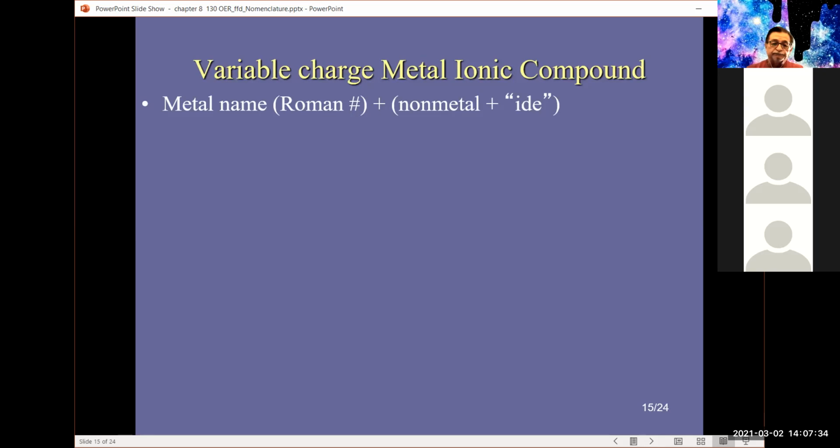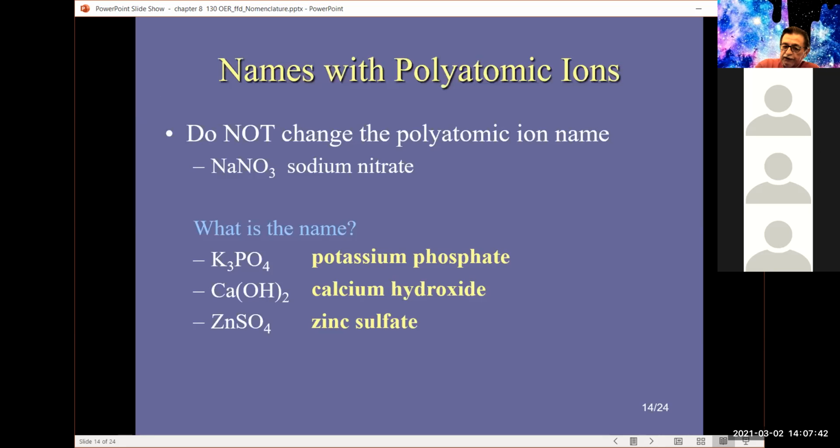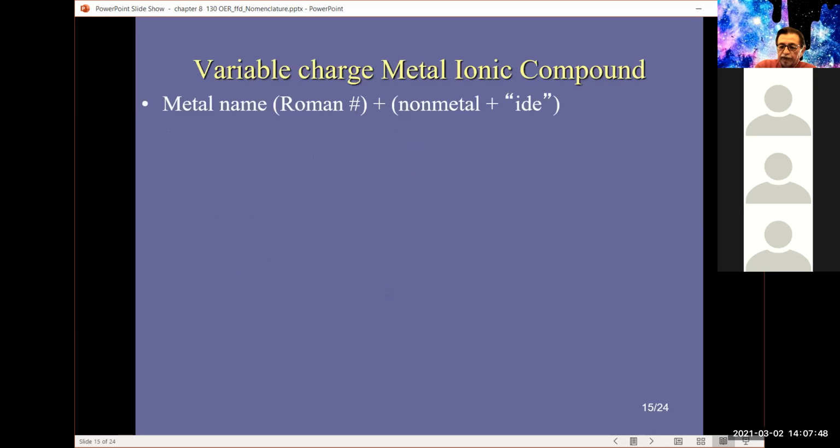Now, we talked about variable charge metal ionics. Notice the ones we just did, they're not variable charge. So the metal remains whatever the name is. It is only when we have a variable charge, which is any of the metals that are not part of the 16 list I gave you, then we use Roman numerals.